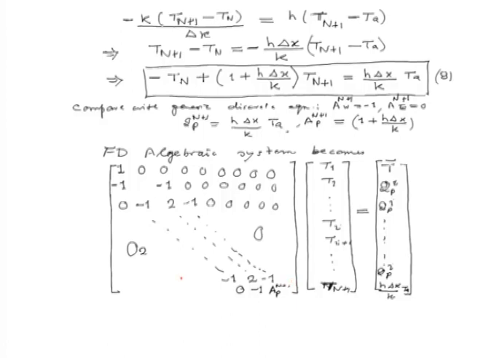So, if you look at this equation, look at the system matrix. System matrix is sparse, that is one characteristic. The other part is, what are the characteristics of the system which we have got? So, we have this 1D heat conduction. This is the problem which we had been discussing.